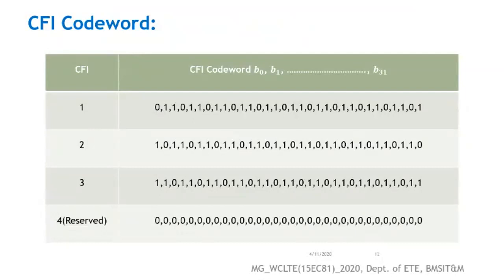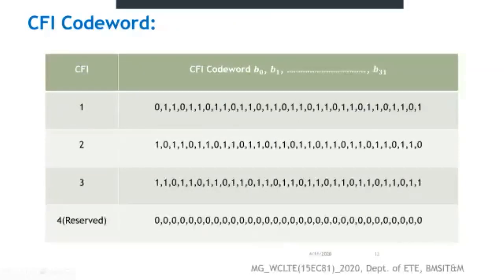When CFI is equal to 2, the 32-bit code word is 1011, then 011, 011, and so on. The difference between the first and second is that in this case the first bit is 0, in this case the first bit is 1. The rest are all the same, and the last bit here was 1 and here it is 0.